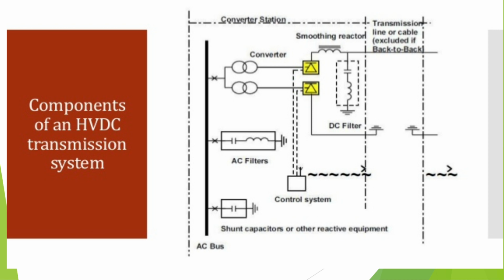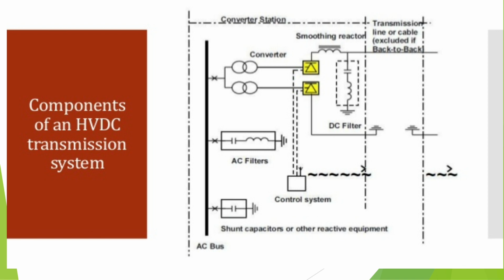Sometimes we are using high frequency filters also. The purpose of these high frequency filters is, if the frequency range is very high, that means 20 kHz to 490 kHz, this high frequency is nothing but carrier frequency. Due to the presence of this high frequency, the converters may produce electrical noise in the system.